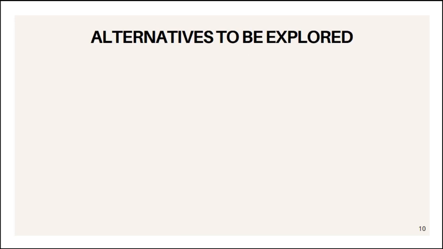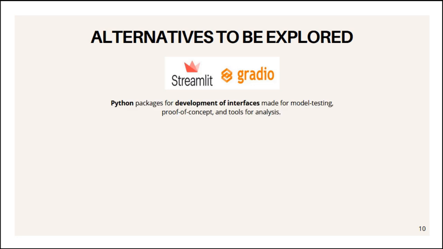The second thing we did is to work on alternatives to be explored for interface development, such as Streamlit and Gradio, which are Python packages. They allow the development of interfaces made for model testing, proof of concept, and tools for analysis.